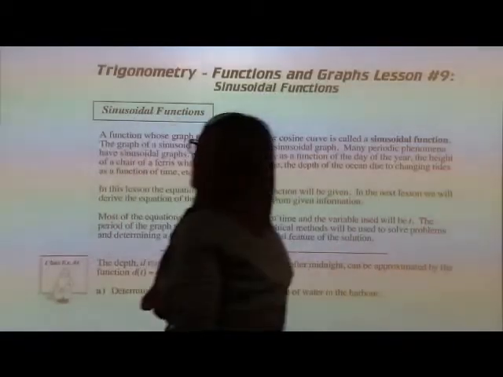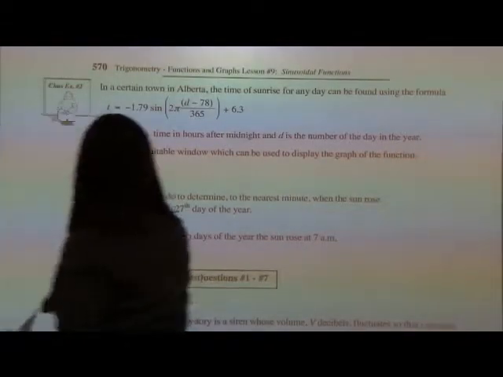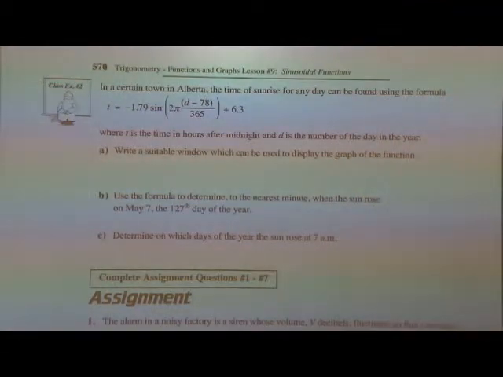Okay, class example number 2. Go. In a certain town in Alberta, the time of sunrise for any day can be found using the following formula. T equals negative 1.79 sine times 2 pi times d minus 78 all over 365 plus 6.3.